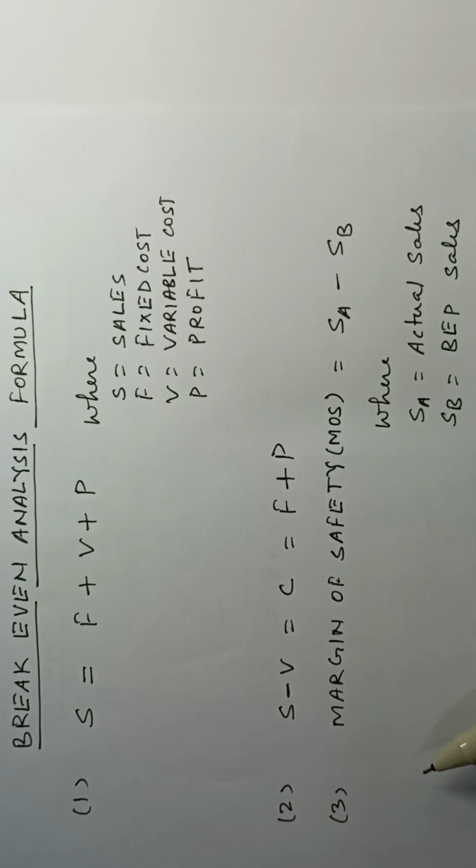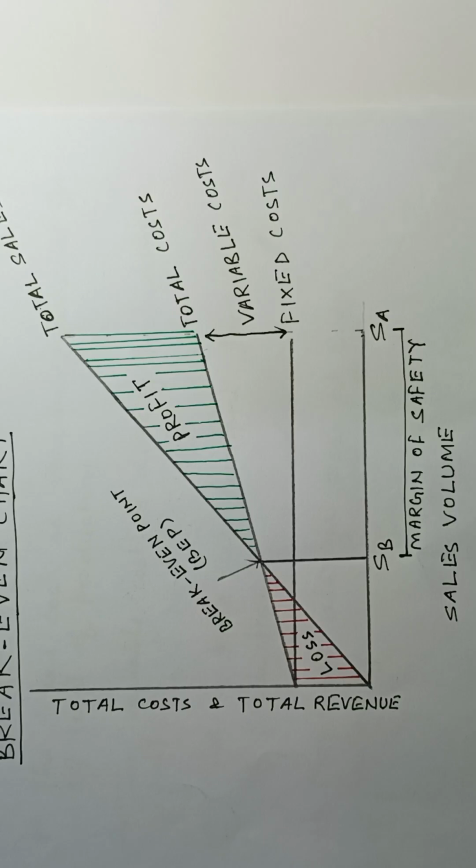And the third one is margin of safety, which is also known as MOS, equal to actual sales minus BEP sales, where SA stands for actual sales, SB stands for BEP sales.